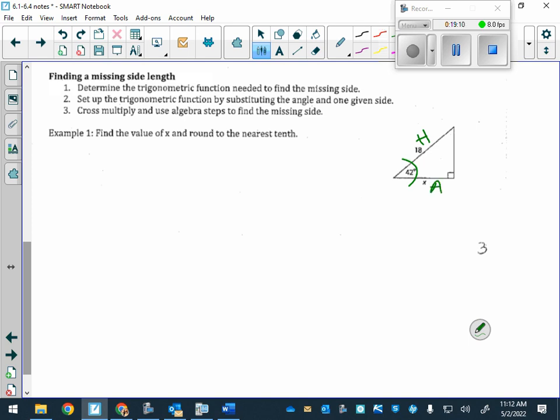Adjacent. So what trig function uses adjacent and hypotenuse? Cosine. So to set this up, we have the cosine of 42 equals our trig ratio, x over 18.